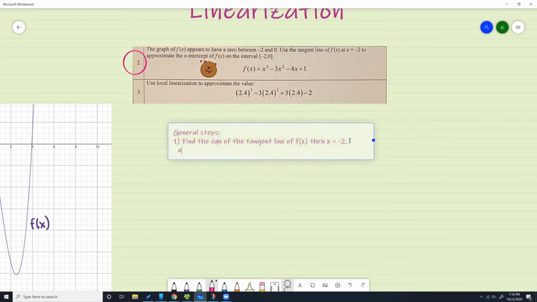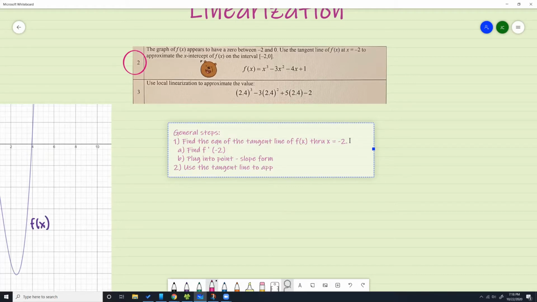Which means there are going to be some substeps for that. Part A, you need to find f prime of -2, and part B is to plug into point slope form and find that equation. Step 2 is to use that tangent line to find the x-intercept, (x, 0).